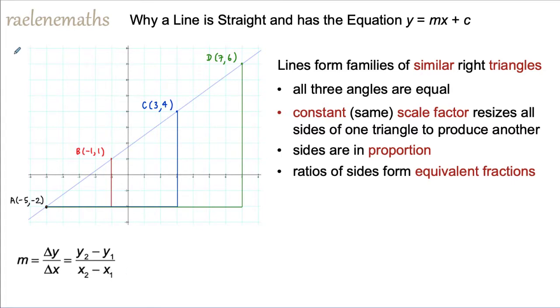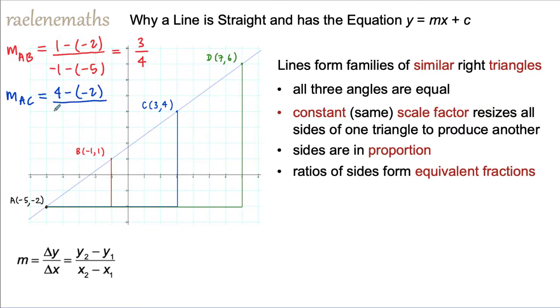Let's calculate the gradient for the hypotenuse of each right triangle. In the first right triangle, containing points A and B, the gradient is going to be y2 minus y1 divided by x2 minus x1. When we simplify this, we get positive 3 over 4. For the next right triangle, containing points A and C, we have y2 of 4 minus y1 of negative 2 over x2 of 3 minus x1 of negative 5, which gives us a gradient of 6 over 8.